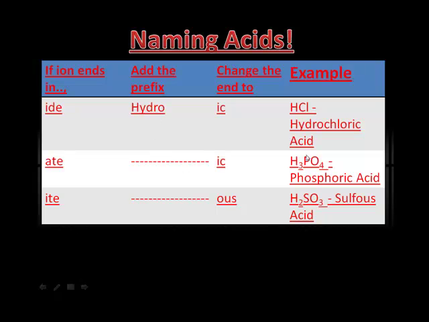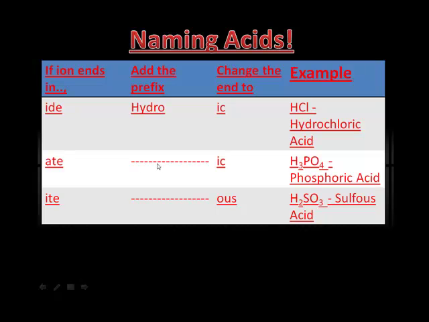So if you look up PO4 on the back of your periodic table, on that list of ions, any of those that have an ATE on the ending, if they have hydrogen as their positive part, what we do is we take off that ATE and we change it to IC. So this is phosphate. We take off the ATE and replace it with IC. So this would be phosphoric acid.